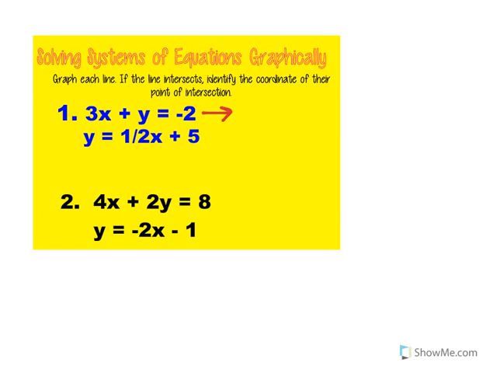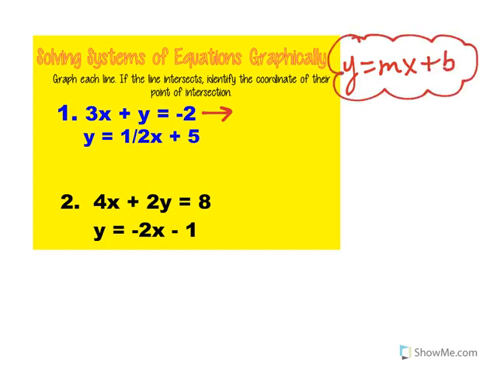Before we can graph these two, we have to get them in y equals mx plus b form. That means for number 1, the first equation, you are going to move 3x to the opposite side.